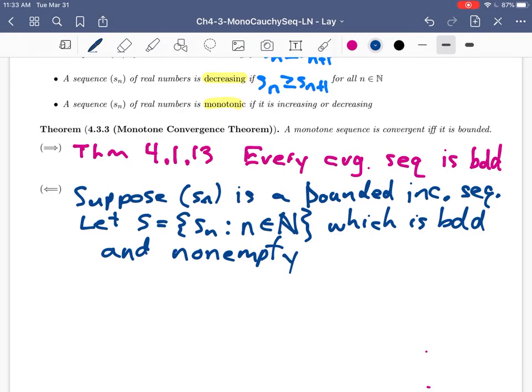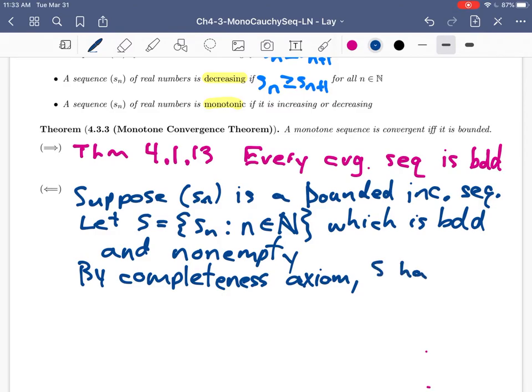So what do we know about this set? Well, we have a set that's bounded and non-empty. So by the completeness axiom, this set S has a supremum.